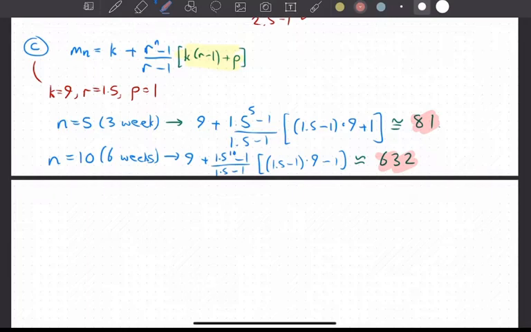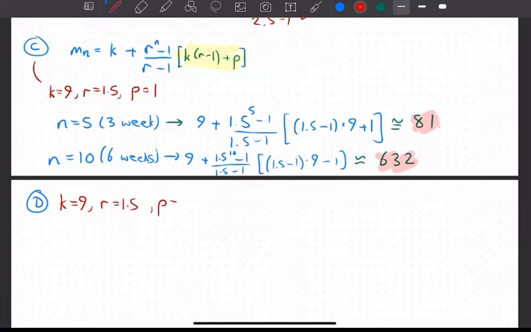Okay, so that's rather compelling. We have 2 more examples to do. One is to see that even in the case where we reduce r, r still matters more than rho.